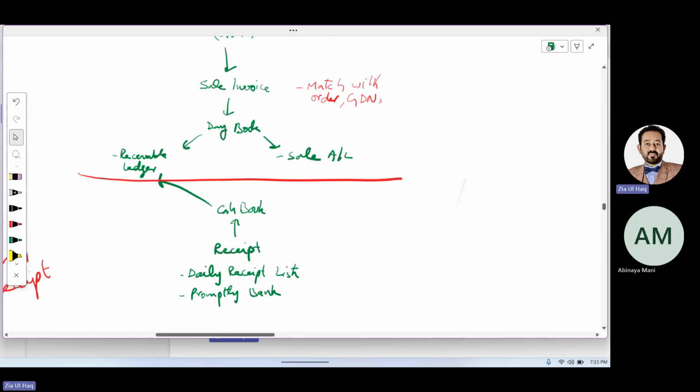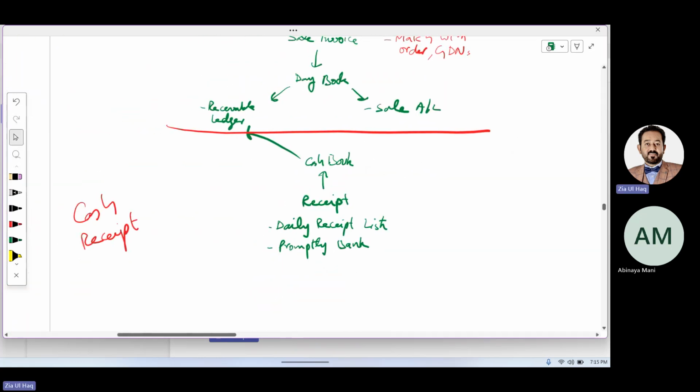We are also going to learn controls relating to cash receipt as well. So the cash should be recorded in the daily receipt list. The cash should be promptly banked. And while receiving cash, there should be 2 persons present.